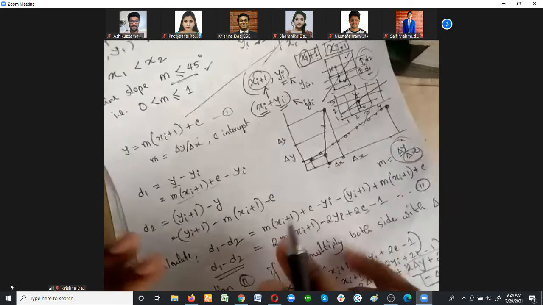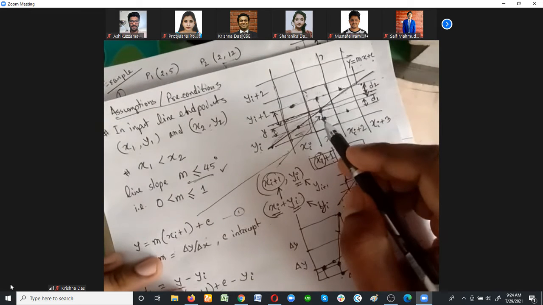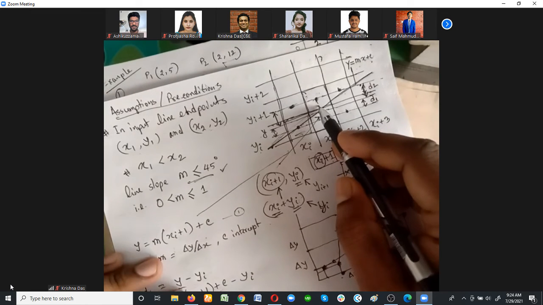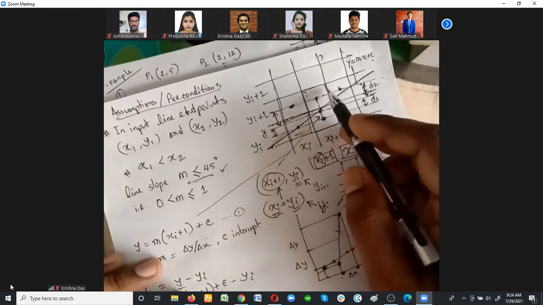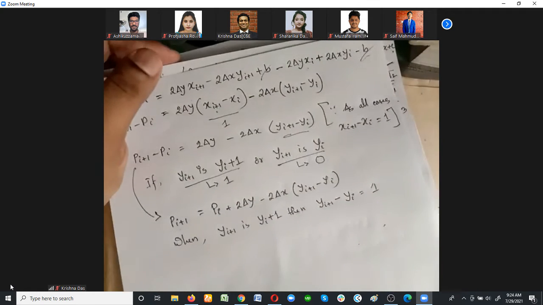And d1 is bigger means we are going to the upper one. If that line is getting bigger, say like this one, so definitely the line is going most of the part of that upper one. So that's what pi will be.